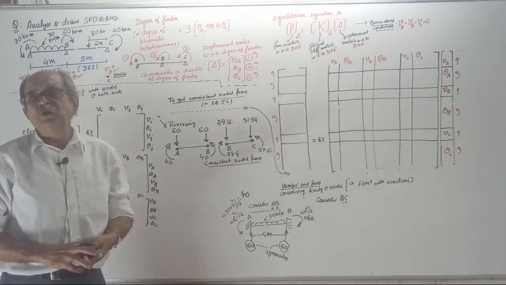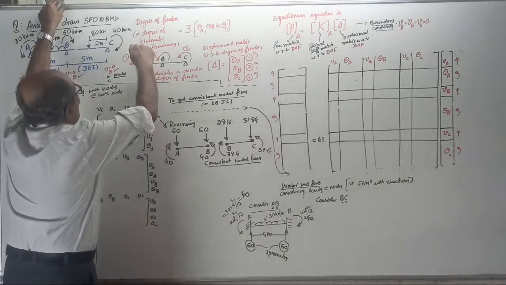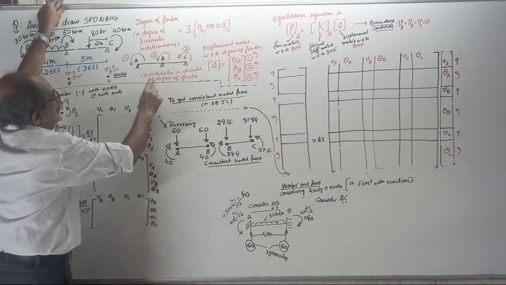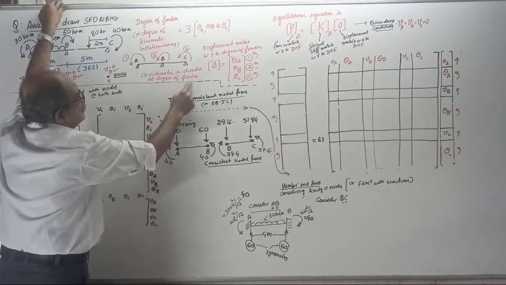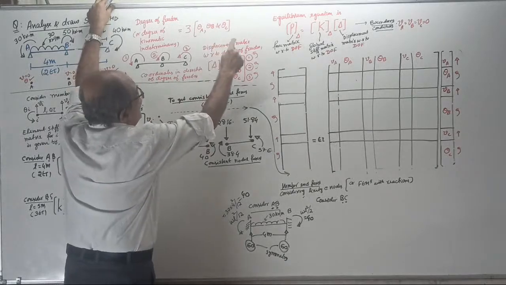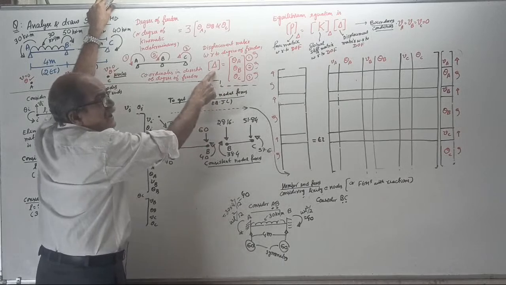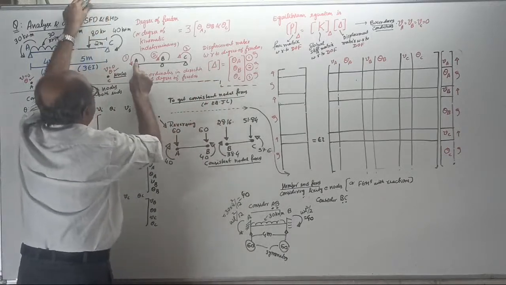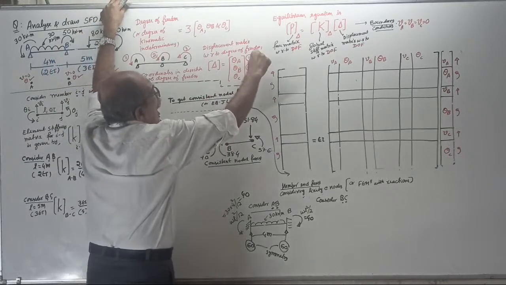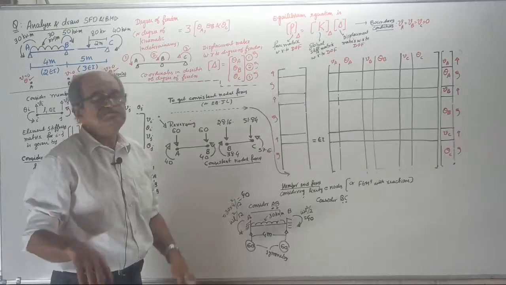So those who are used to clockwise positive should change over. Anti-clockwise 1, anti-clockwise 2, anti-clockwise 3. Then write the displacement matrix with respect to degree of freedom, delta matrix equal to theta A, theta B, theta C, 1, 2, 3, all anti-clockwise. Okay. This is also clear.